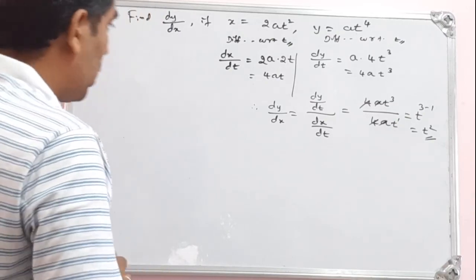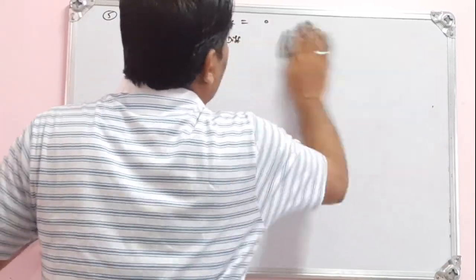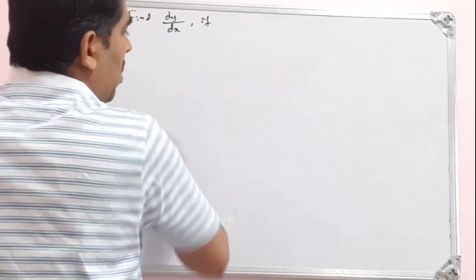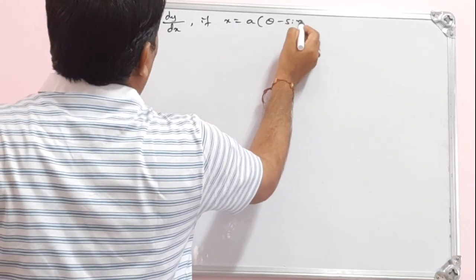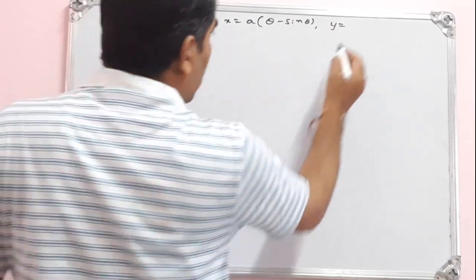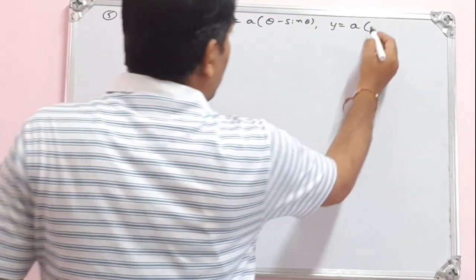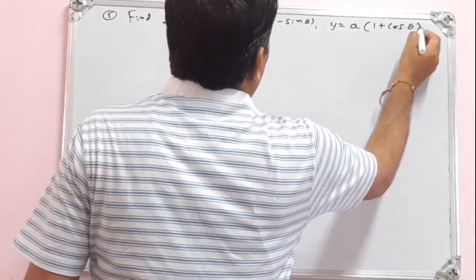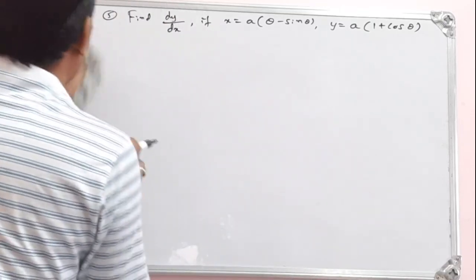So let us consider another example. If x is equal to a into theta minus sin theta, and y is equal to a into 1 plus cos theta, then find dy by dx.